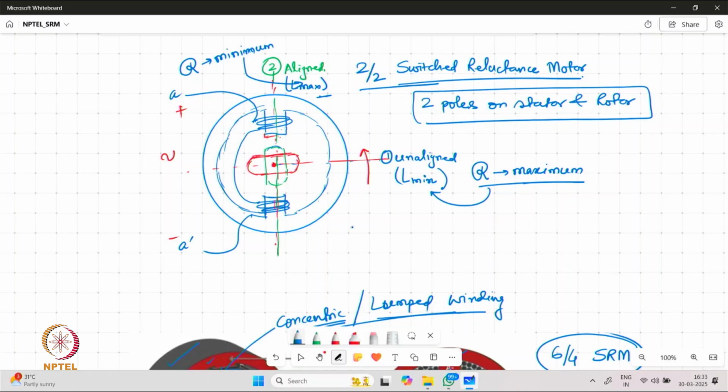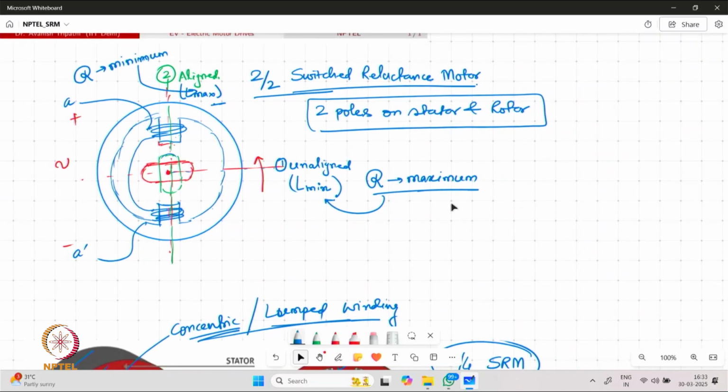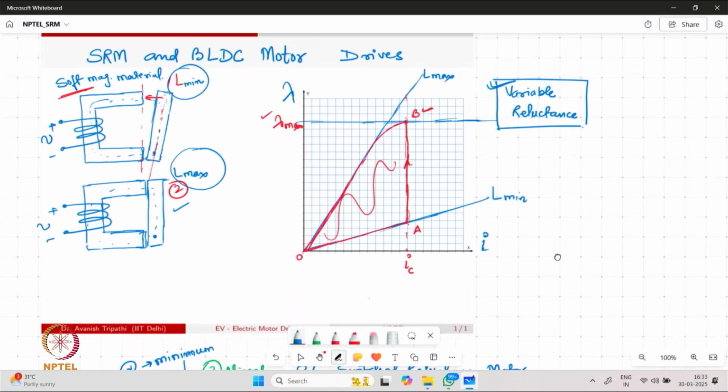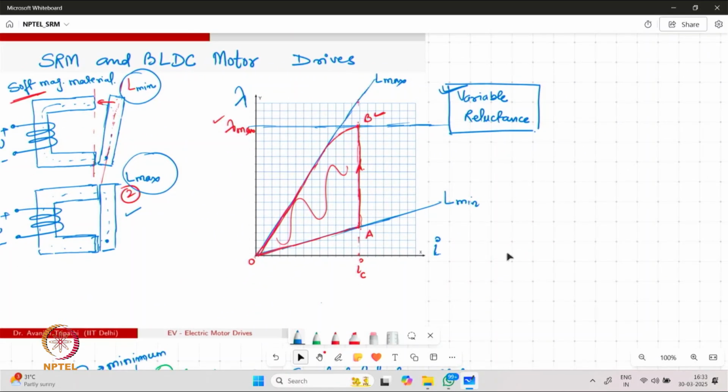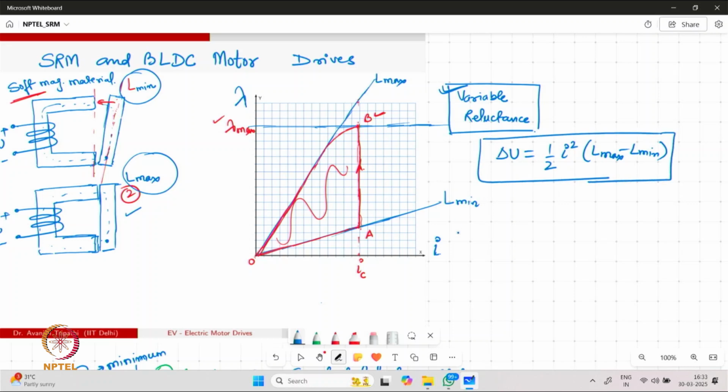Now if we try to see that in case of electromagnet, the work done is basically the change in energy what we have got. So which means it can be represented like this.